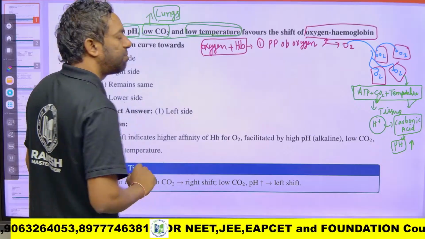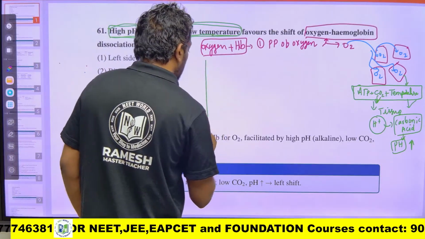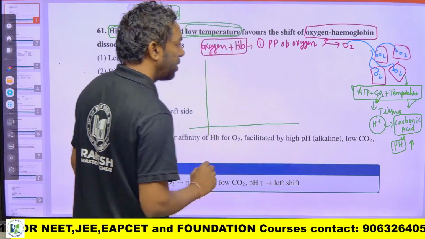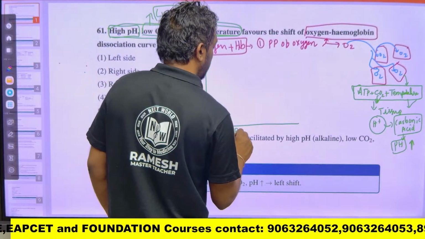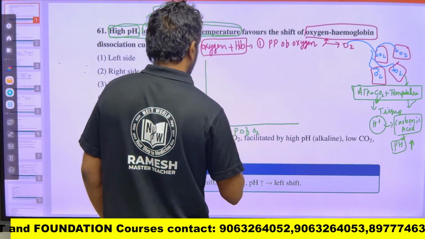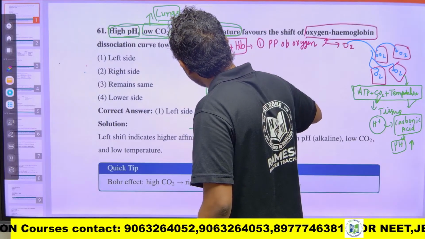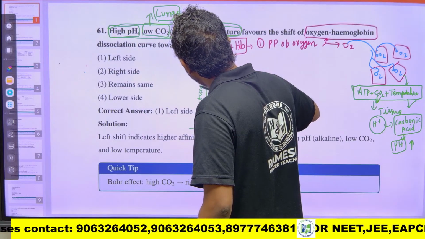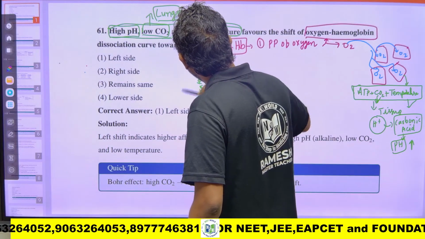In the lungs, what happens? This is the partial pressure of O2 against the saturation percentage with hemoglobin.